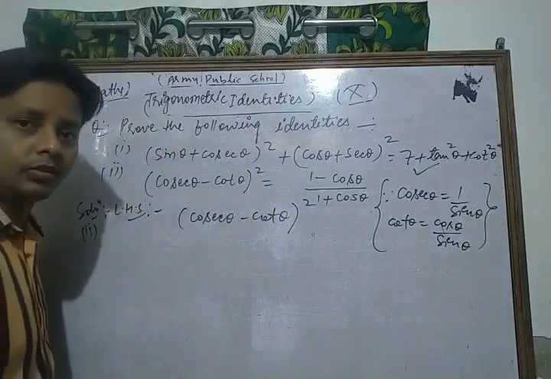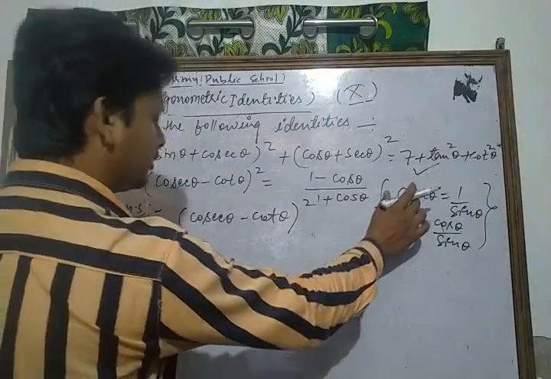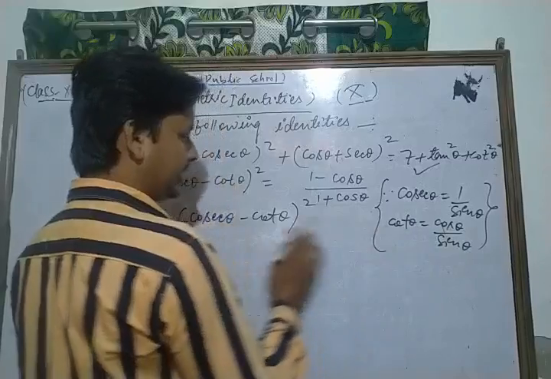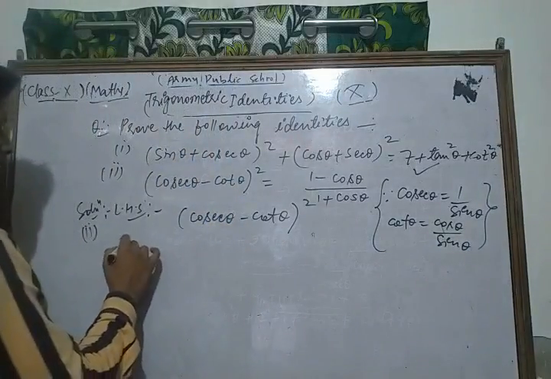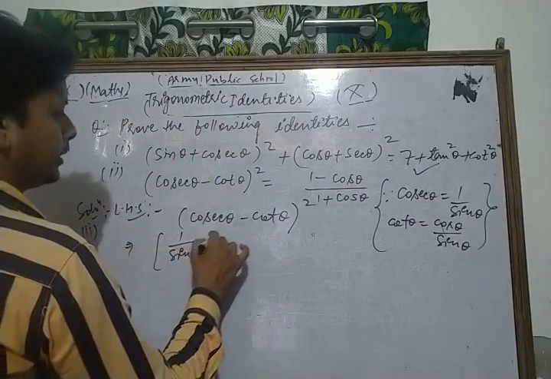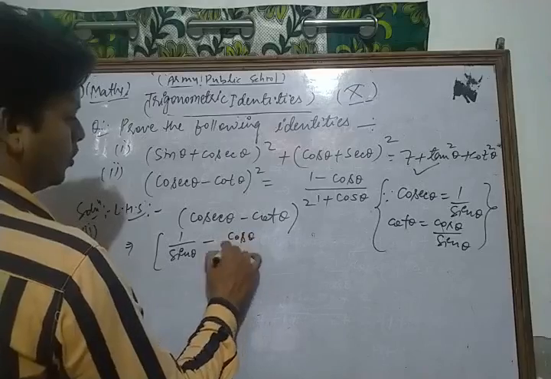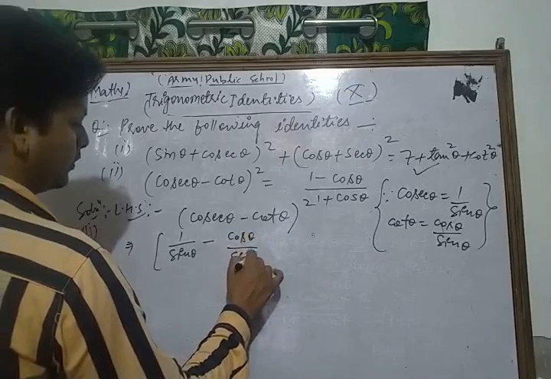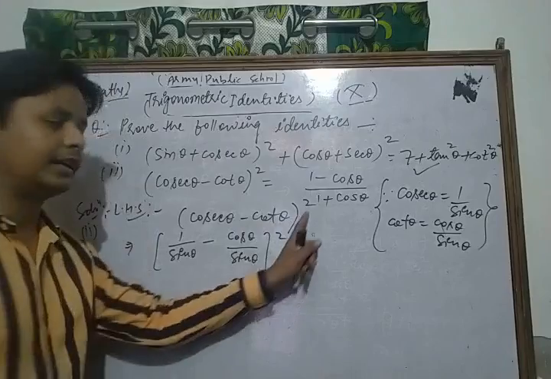Okay, we know that, right? So here we put the values of cosec theta and cot theta in this expression. So we get 1 upon sin theta minus cos theta upon sin theta whole square, write as it is.